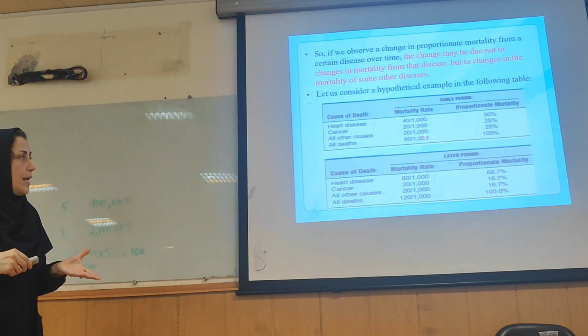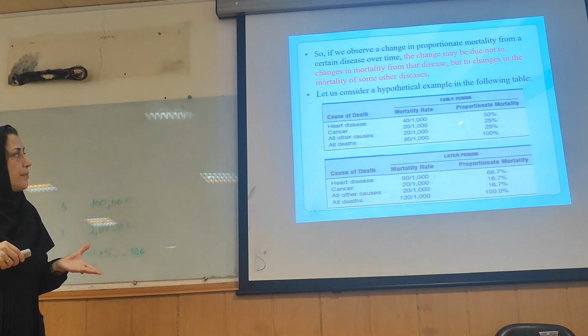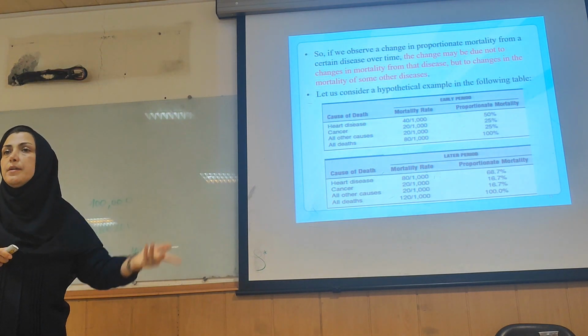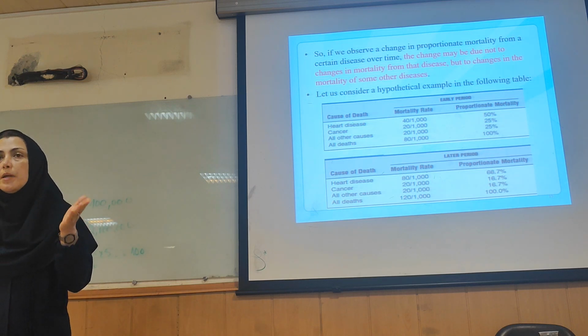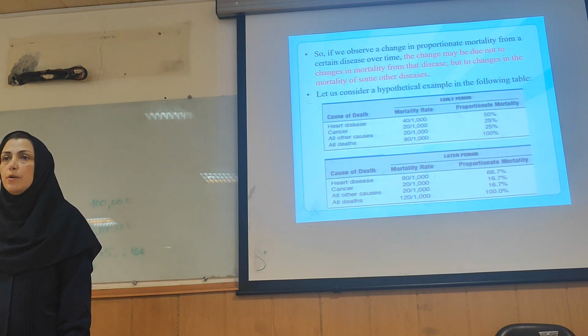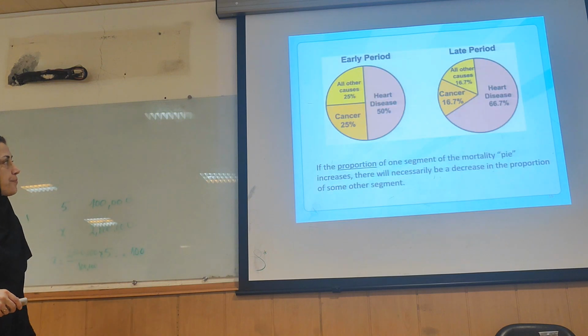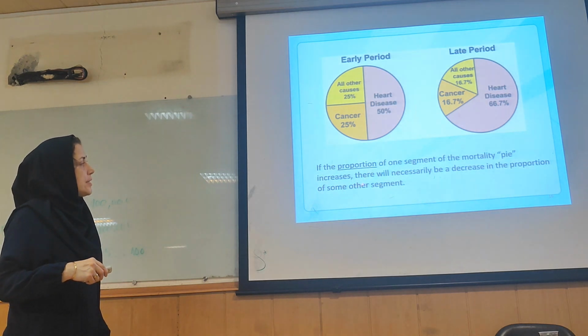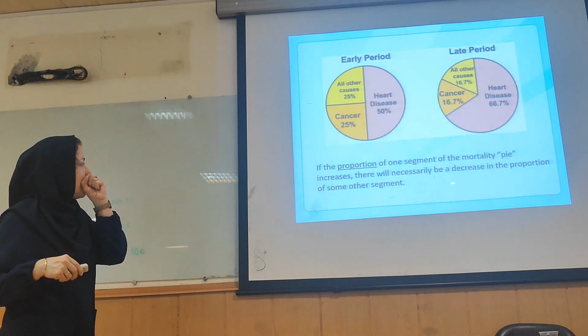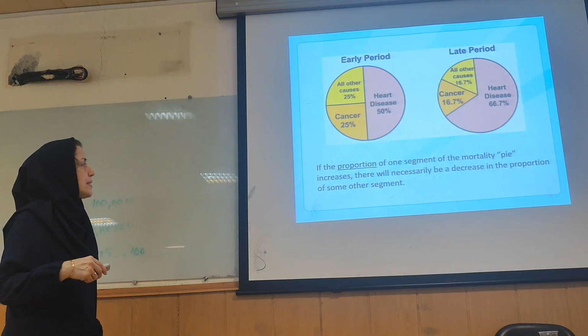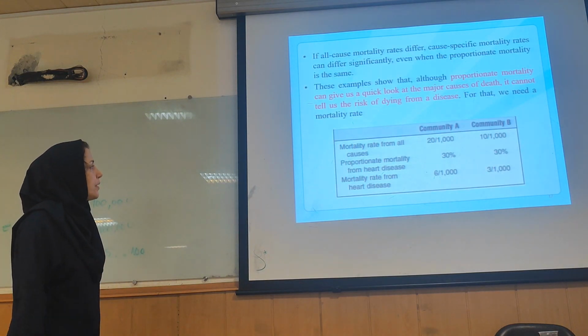Okay? Because it depends on the role of the other specific diseases that are common in your country. Okay? If the proportion of one segment of the mortality increases, there will necessarily be a decrease in the proportion of some other segment.